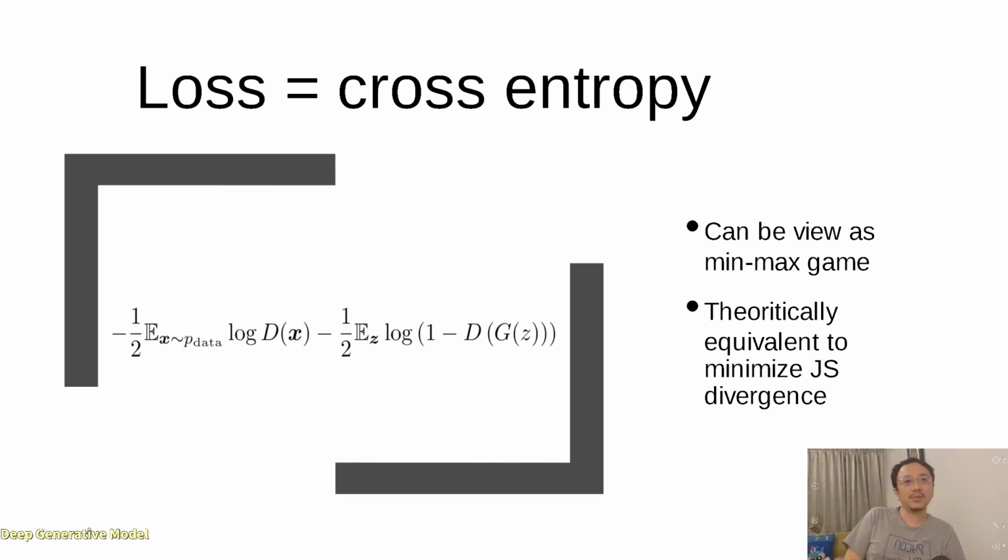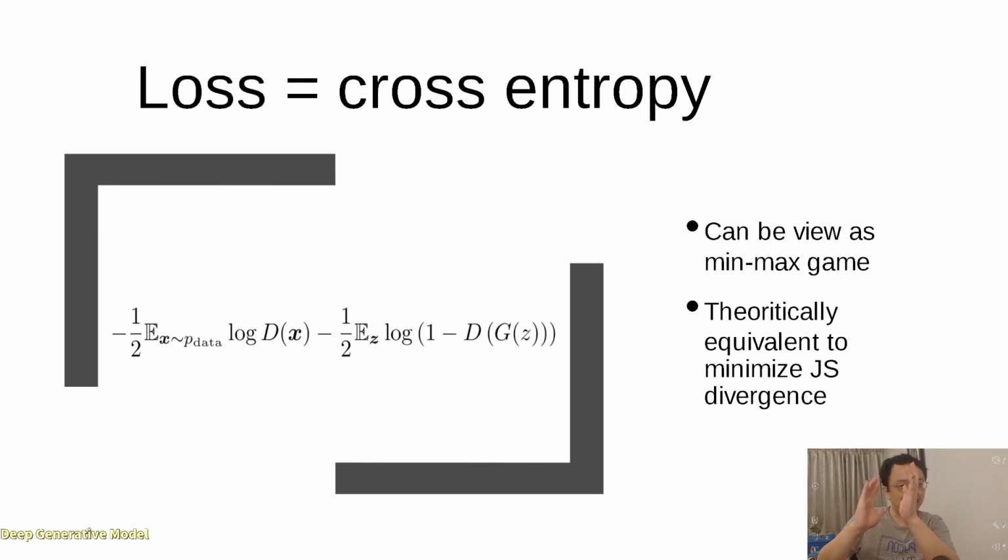So one way to measure the difference between two distributions is using some kind of divergence. Jensen-Shannon divergence is one of the divergences that has some good properties.